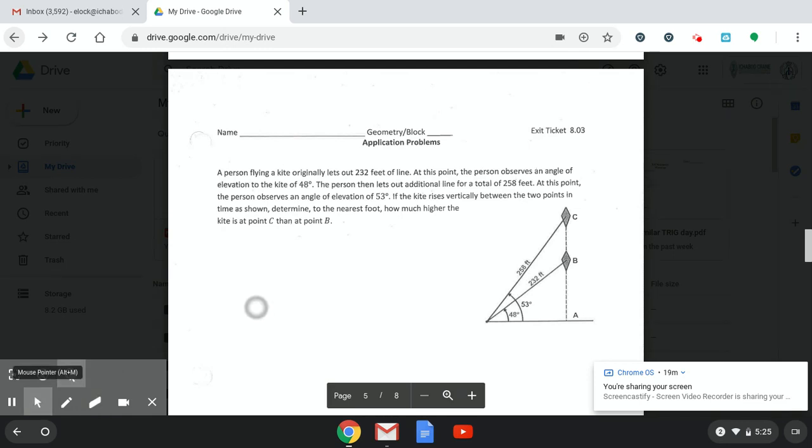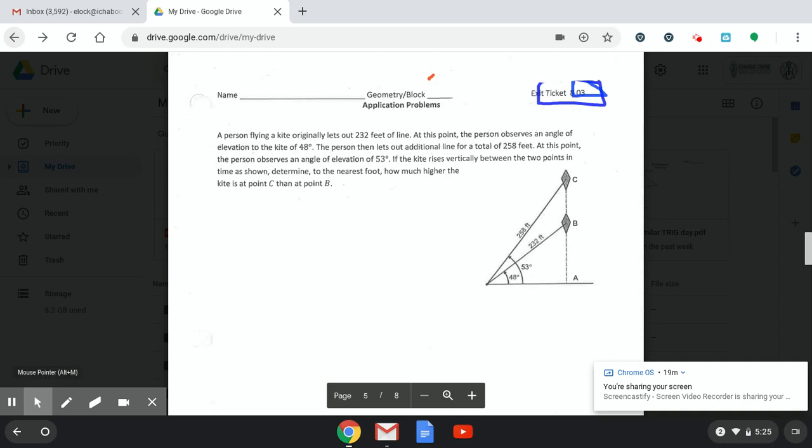So looking here at an application problem. If you have a piece of paper and you'd like to resketch that big picture, please do. And again, you can pause the video to help yourselves. But I'm going to start reading. A person flying a kite originally lets out 232 feet.